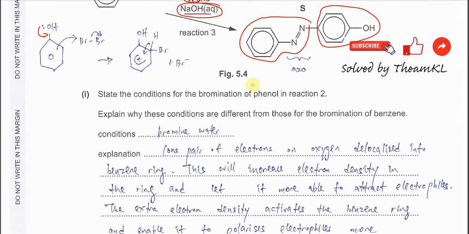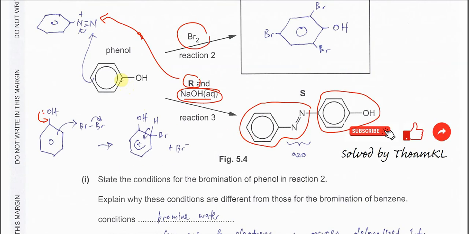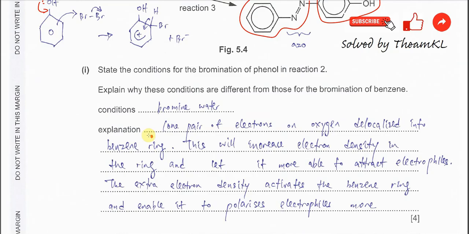So the normal bromination of benzene, you need to use the catalyst. So the bromine with the AlBr3. But the phenol does not need the catalyst. It will just react with the bromine. So then you need to explain why. It's only because of the lone pair on the oxygen.